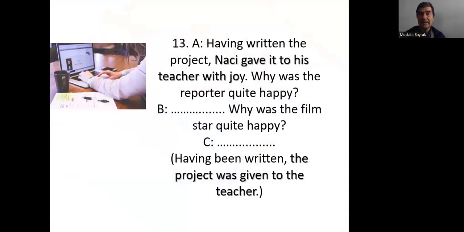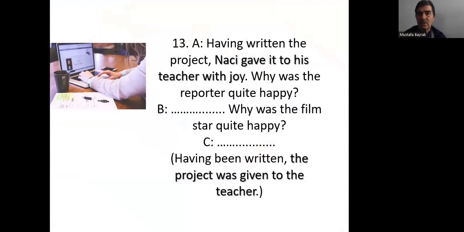Okay, 13a. Having written the project, Naci gave it to his teacher with joy. Yes, do you see the perfection here, completion here? Having written the project, Naci gave it to his teacher with joy.